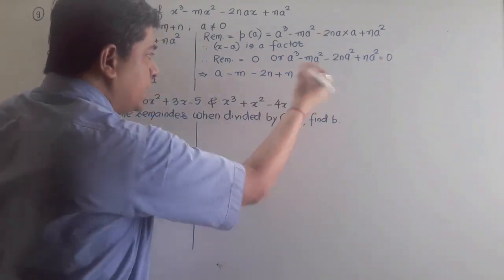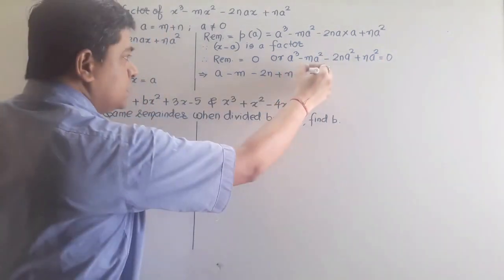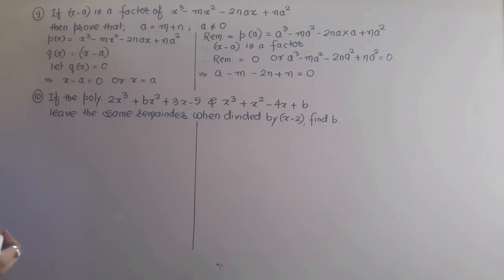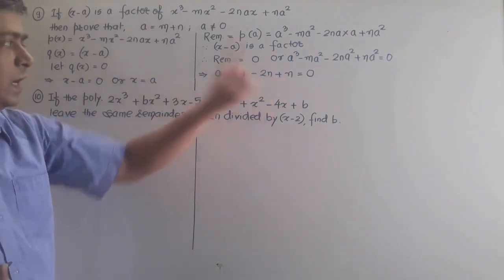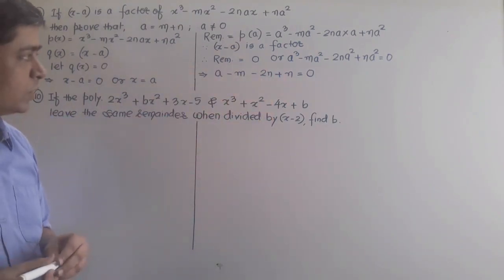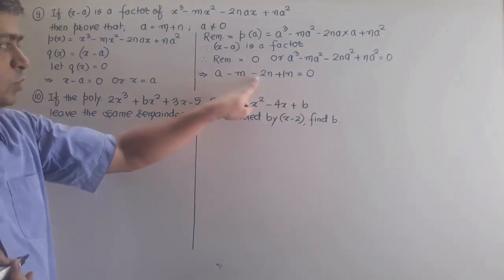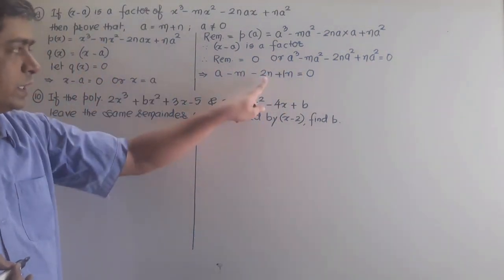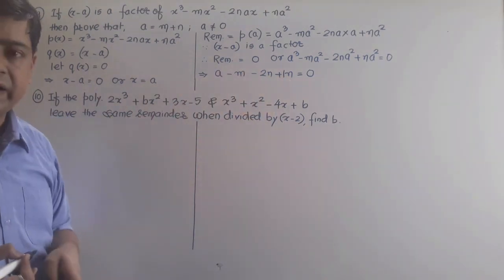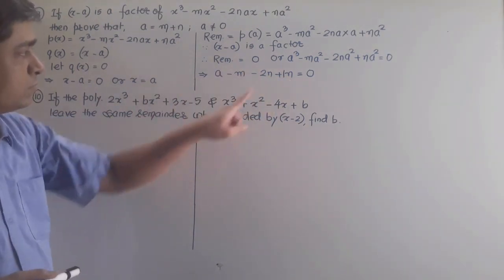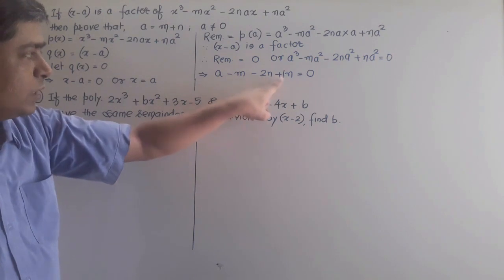If I divide 0 by any term, that will be 0 itself. Now observe, 2n and n are two like terms. Here the coefficient of n is 1, so minus 2 and plus 1, because both contain n, we can say they are like terms.